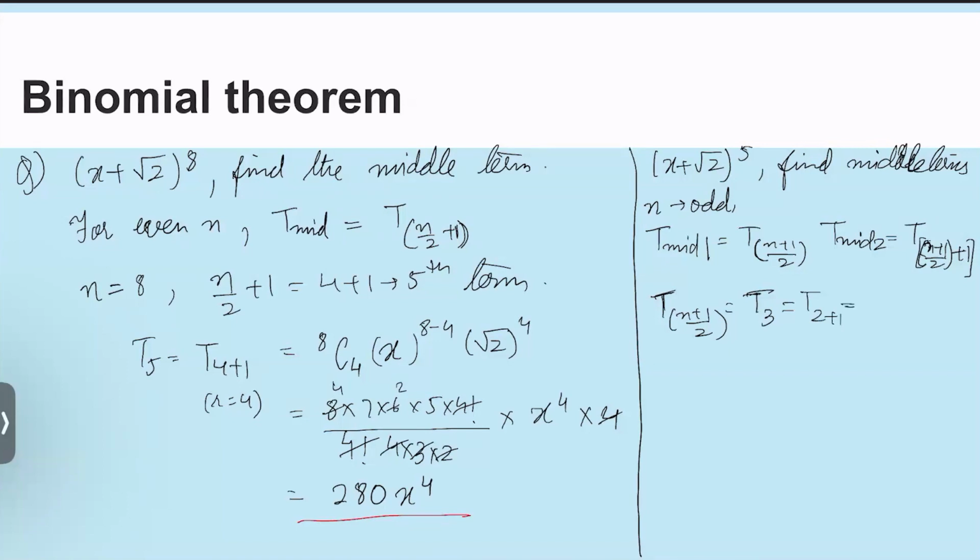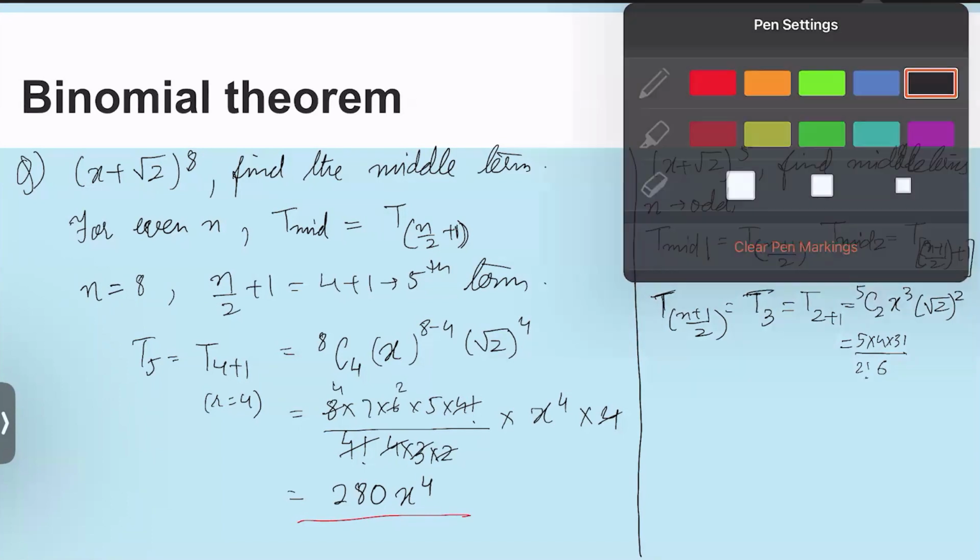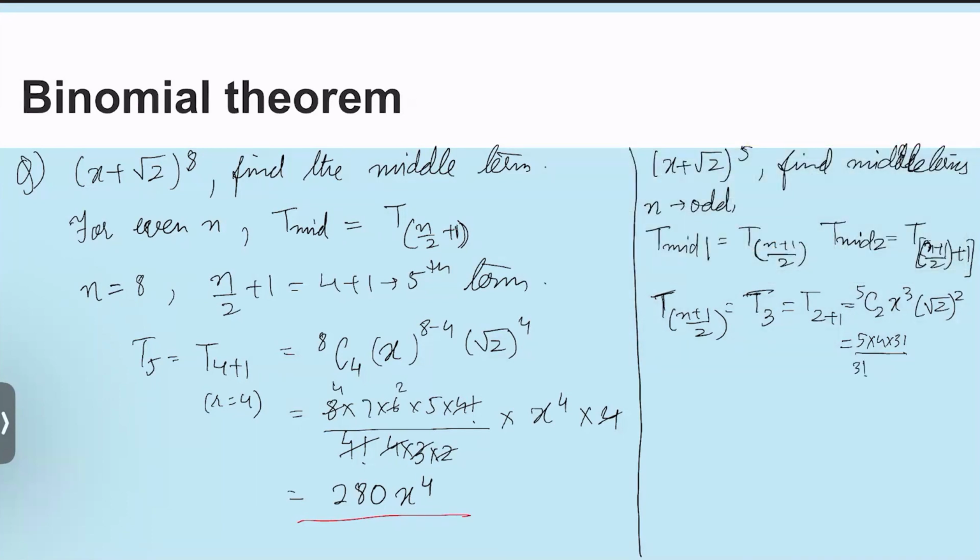And this is going to give you 5C2 x raised to 5 minus 2, that is 3, and we will have root 2 squared. So this will be 5 into 4 into 3 factorial upon 2 factorial, and we have to take out 3 factorial and keep 2 factorial.